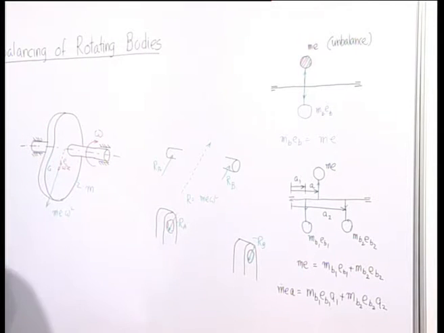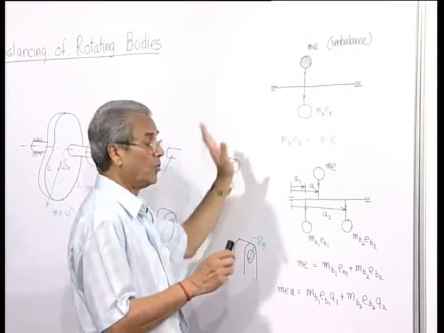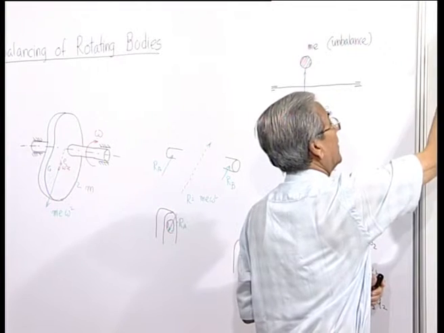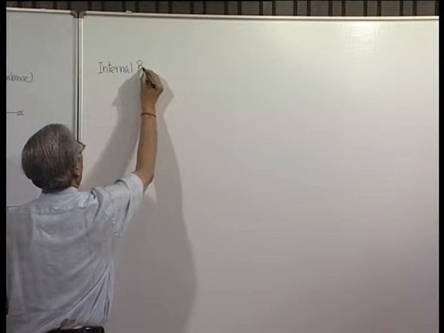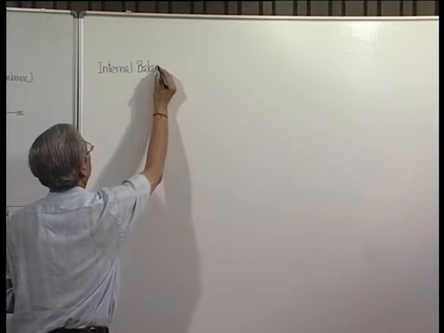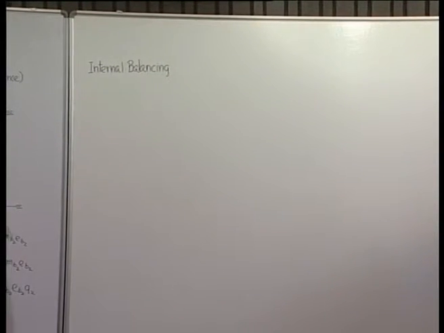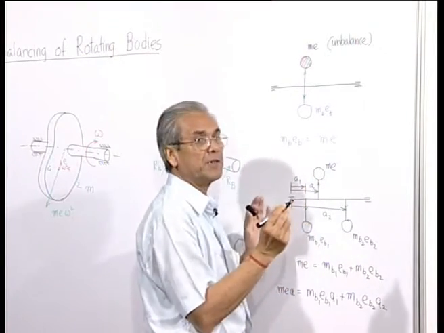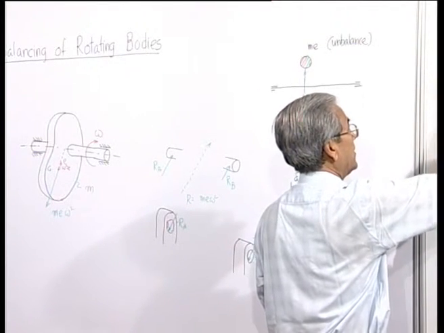So, to say that in the earlier case the balancing is absolutely complete, even internally there is no effect to be seen, is called internal balancing, or the system is internally balanced. In this case, it is not completely free from stresses etcetera due to rotation and unbalanced forces, but the support is free from that. So, we call it external balancing, or the system is externally balanced.